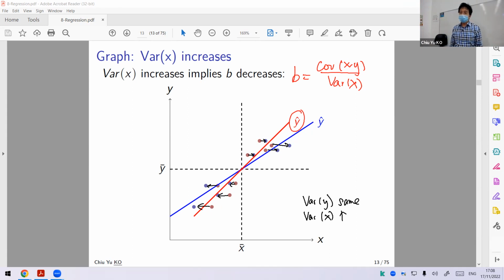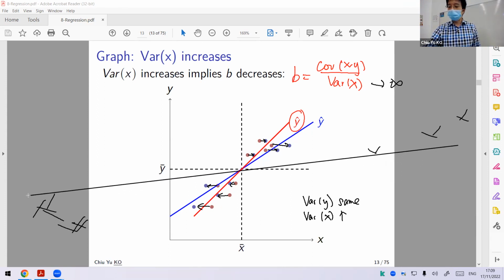And when the variance goes to very large, right, go to infinity, go to very large, okay? That means that the x's lie very far away, okay? Then the best line will be very close to like this, right? And eventually it will become a flat line, okay?